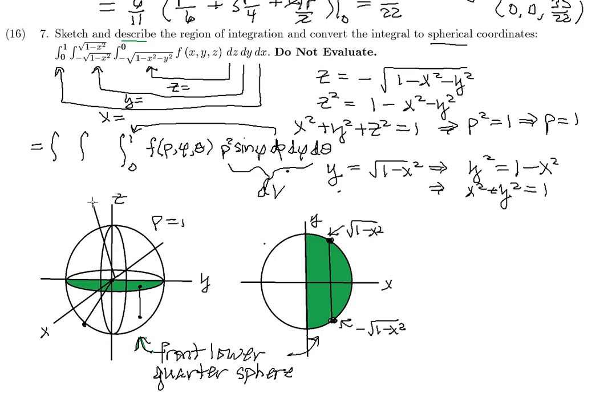Your phi goes from here down to at most pi. So our drop is going to be pi over 2 to pi. And this is phi. This is rho. And then these are theta.